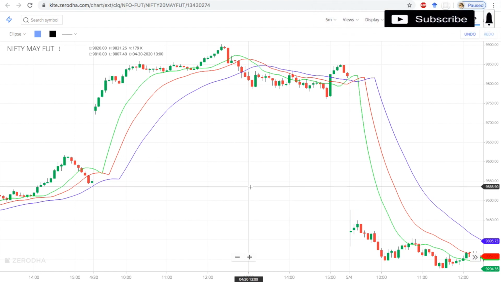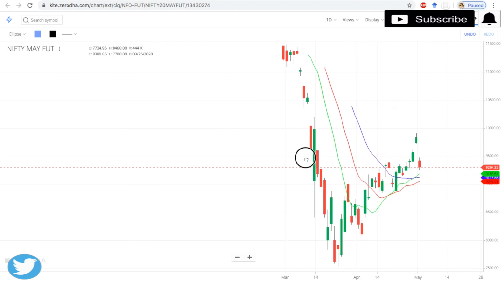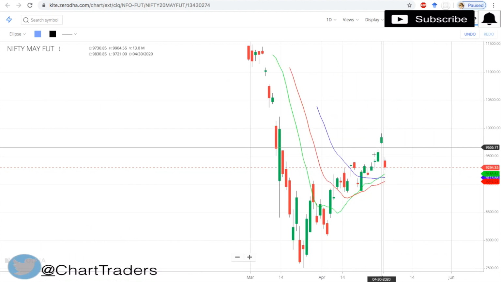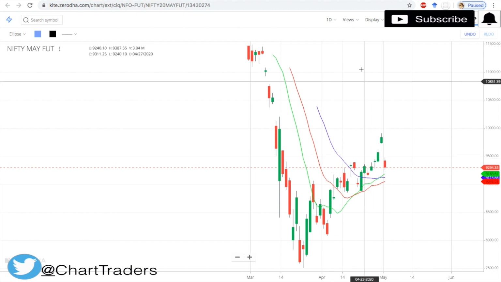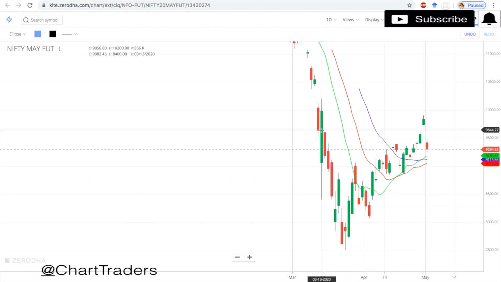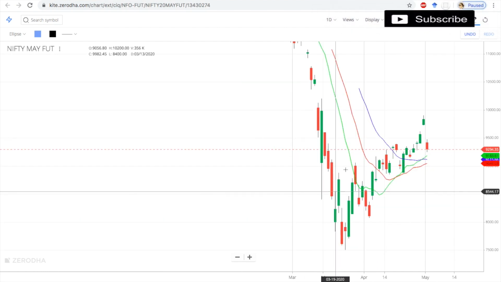Now in order to increase your winning chance you have to use multiple time frames. For example, on a daily basis, if your close price is above all the lines, then you can take only buy entries. Whenever your close price is below your three lines, then you have to keep only sell orders.